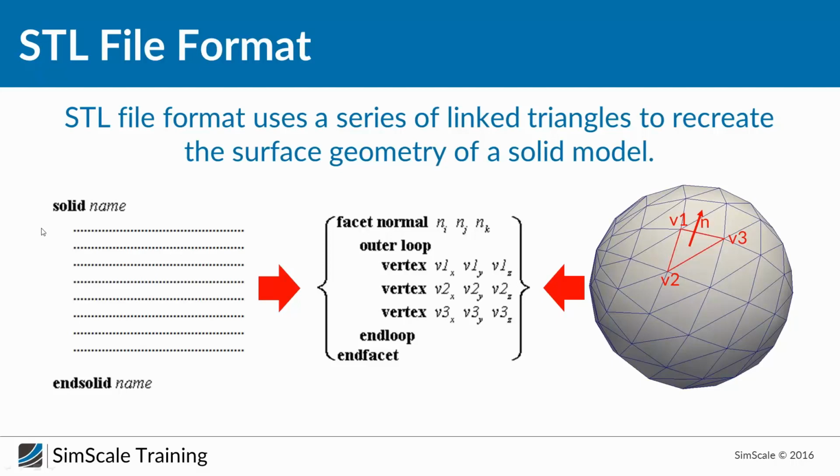In between, you will first have the normal of the surface, then outer loop, and you will get the 3 vertices with the 3 components in space, and you will end with end facet. This will represent one surface. And of course, if you have 1 million or a couple of thousands of elements in your geometry, you will repeat this until you have the whole geometry, then you end with end solid and name.